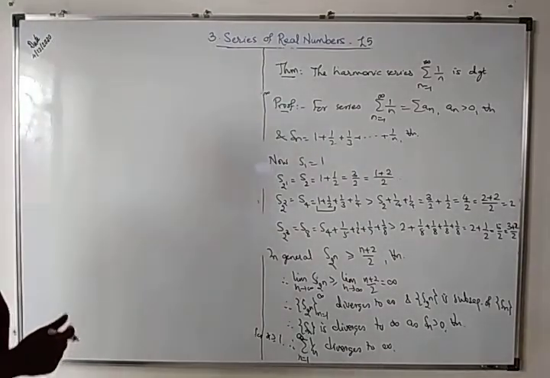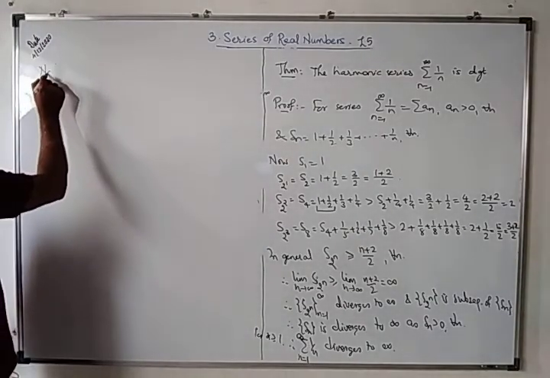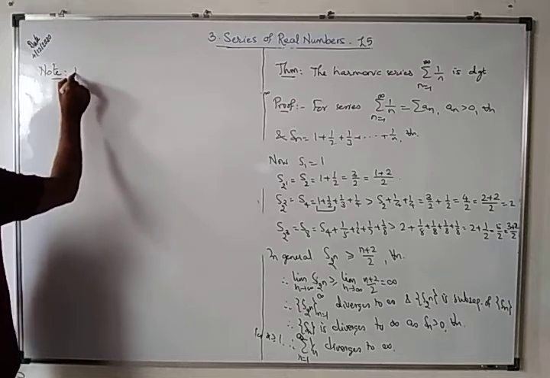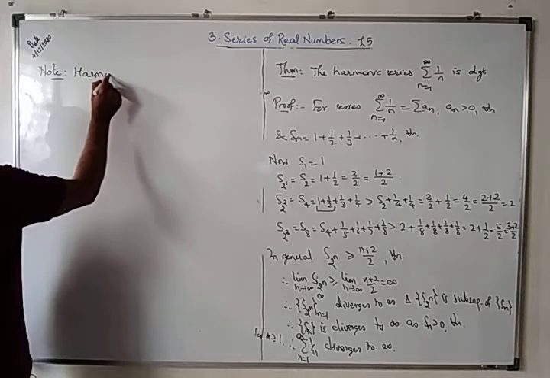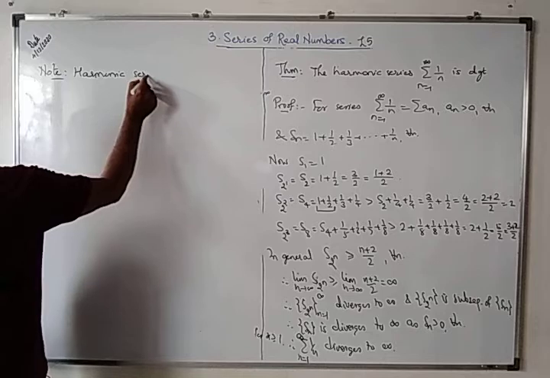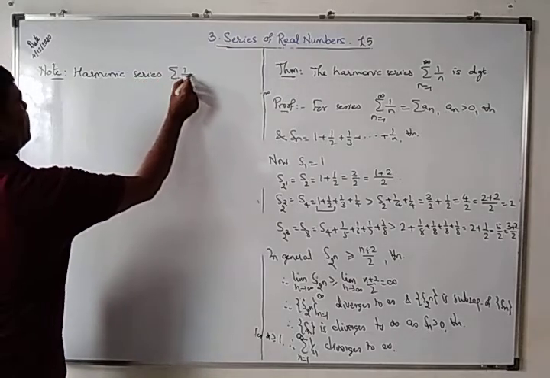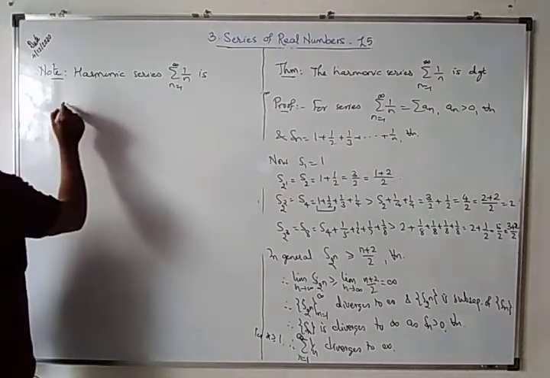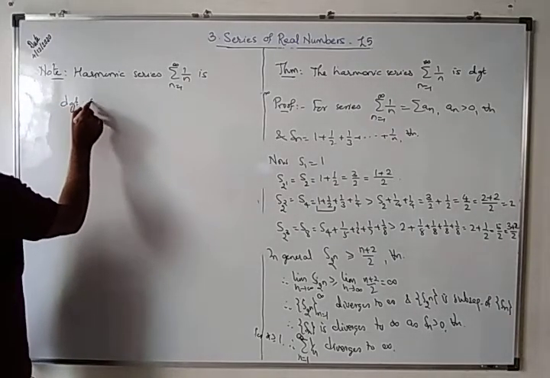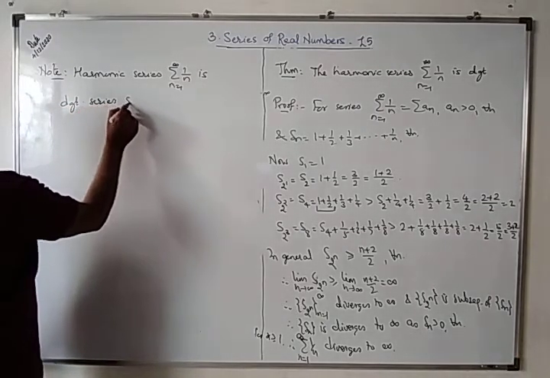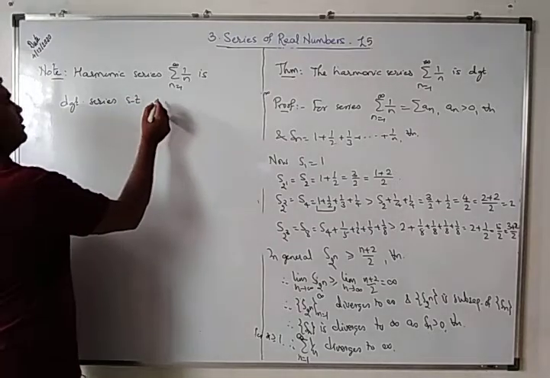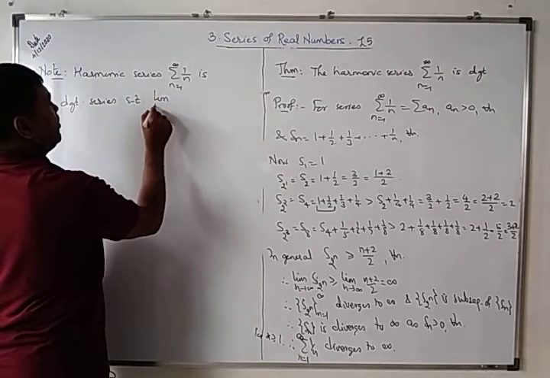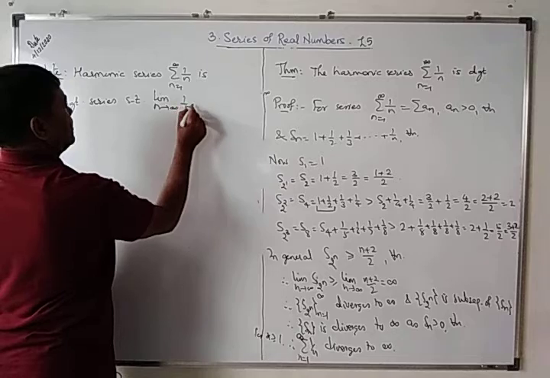Note about this one: the harmonic series, summation of 1 by n, n equal to 1 to infinity, is a divergent series such that the limit as n tends to infinity of 1 by n is 0.